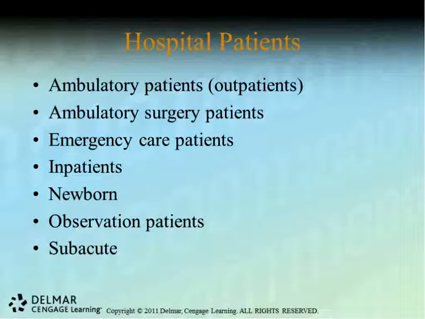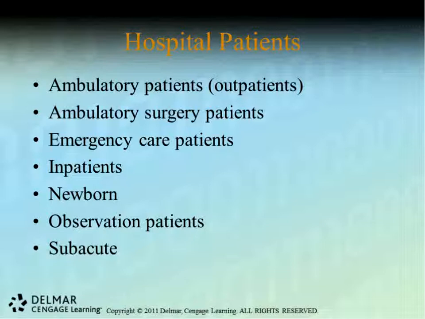hospital. Now, observation patients, you have an area in the hospital where maybe they come in through the emergency room or something of that nature, and they're trying to figure some things out. They don't have everything quite concrete, and they're trying to figure out, should we send this patient home? Do they need to be admitted?